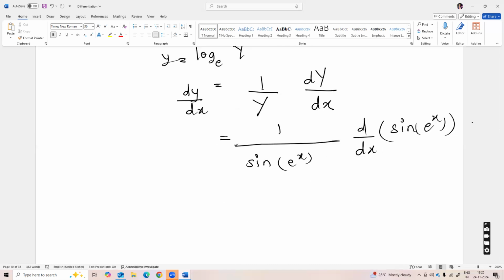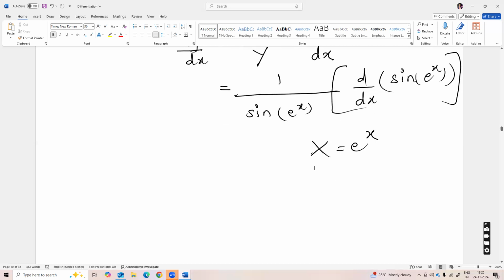This term has already come out of the derivative sign. Now again we have sin of e to the power x, so let's write capital X as e to the power x. To solve only this part, we will substitute e to the power x equal to capital X.